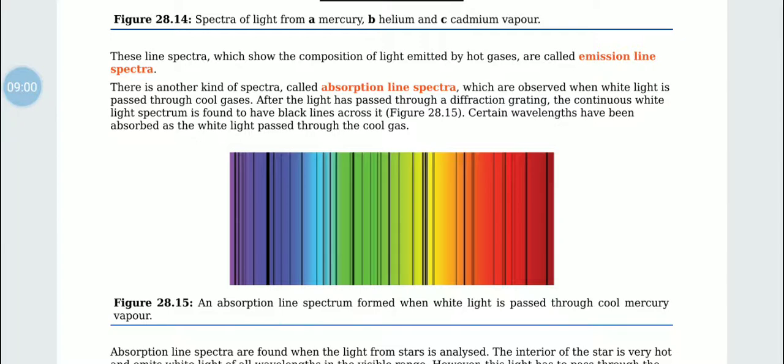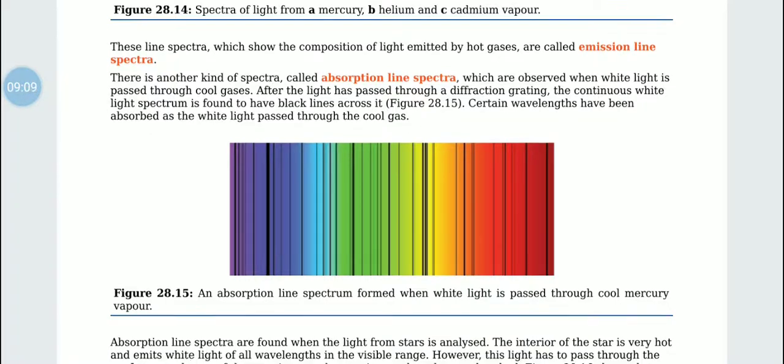These line spectra, which show the composition of light emitted by hot gases, are called emission line spectra.